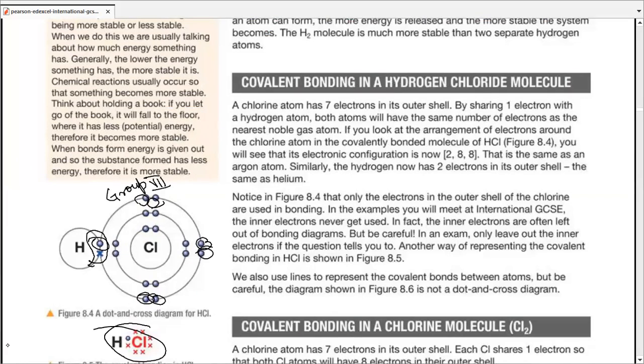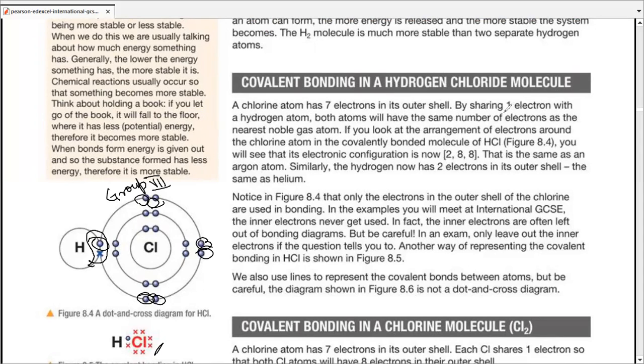The shared pair is written right in between hydrogen and chlorine like this, but you're also supposed to write the other outermost electrons of chlorine. All right, so that's how we draw it. This is a dot-and-cross model. You should be capable of drawing that model. We'll do a couple of examples, then I'm going to ask you to draw one for practice.